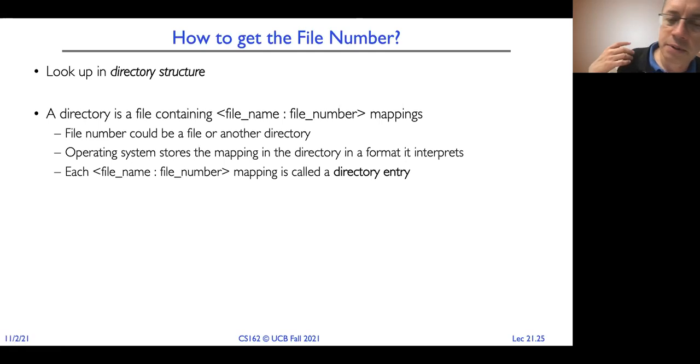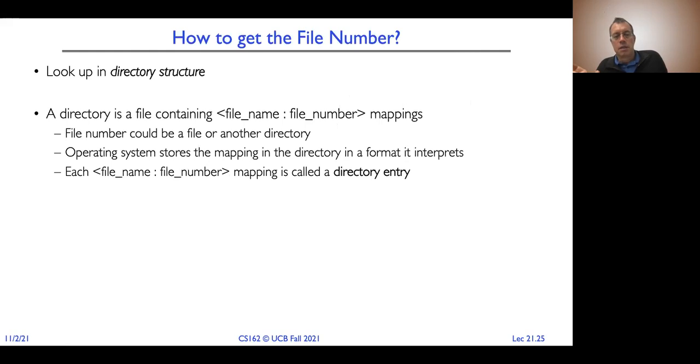Again, the file number is the same as the inumber. This file number can be a file or another directory. So the operating system stores the mapping in the directory and interprets this format.